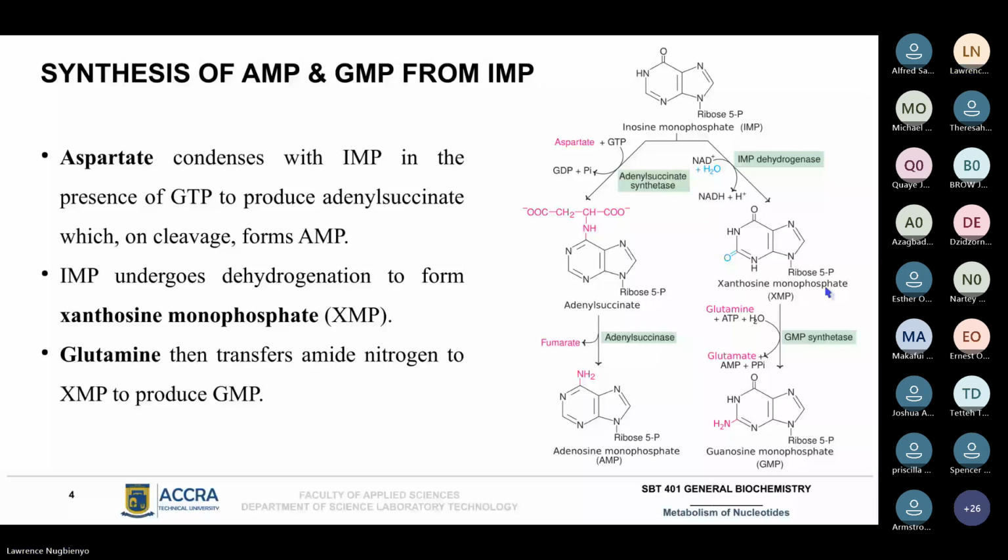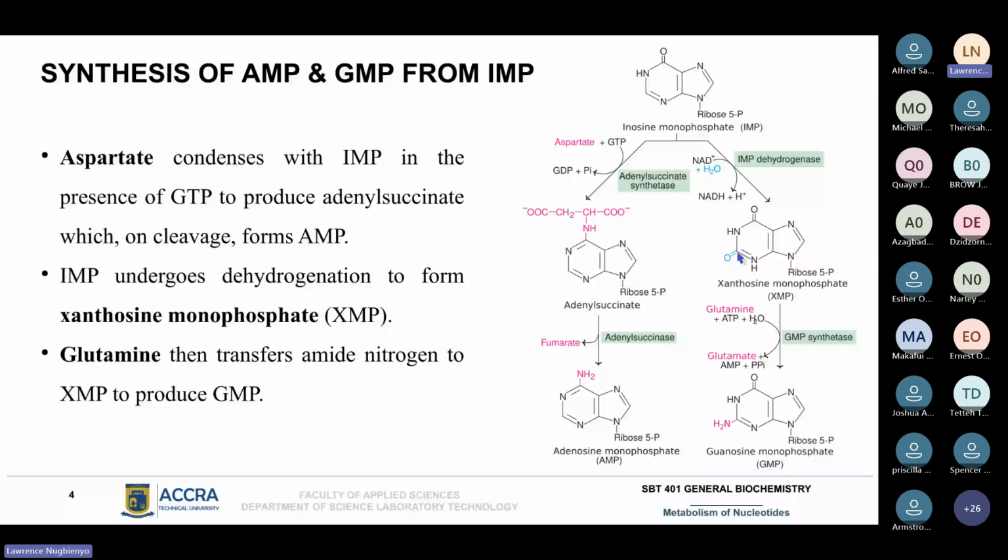Then glutamine comes in and donates its amine group, which replaces that oxygen that came from water.